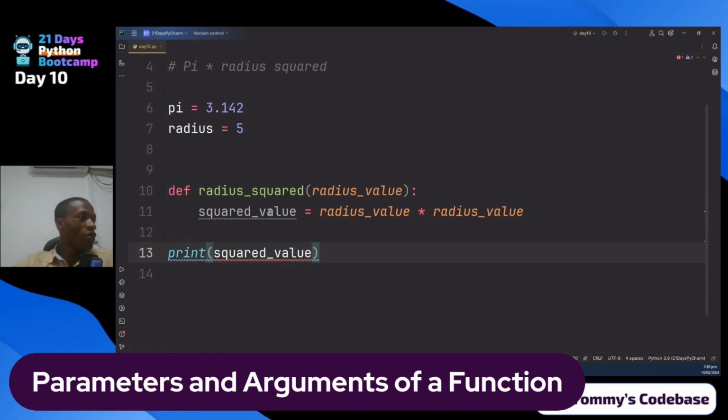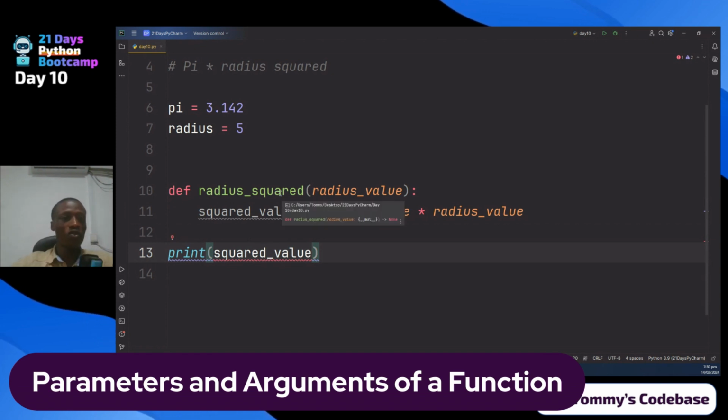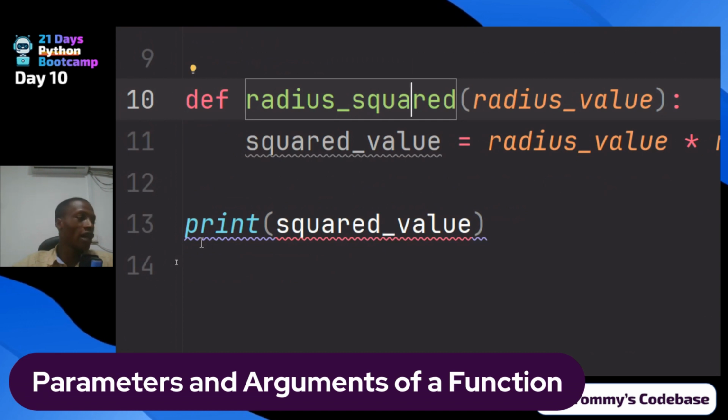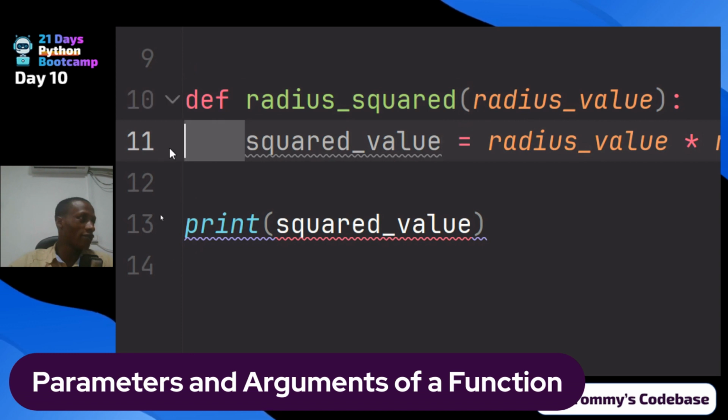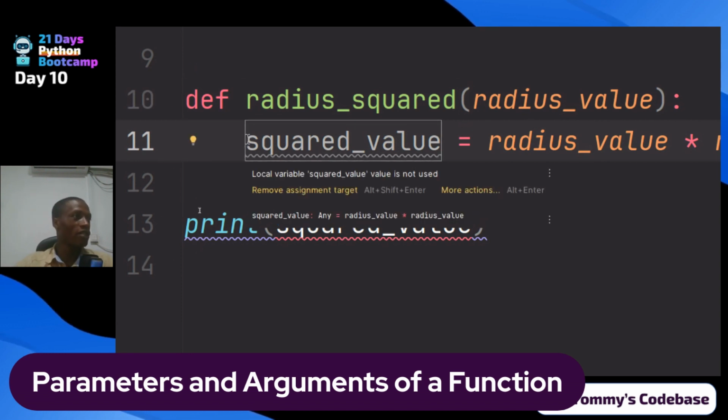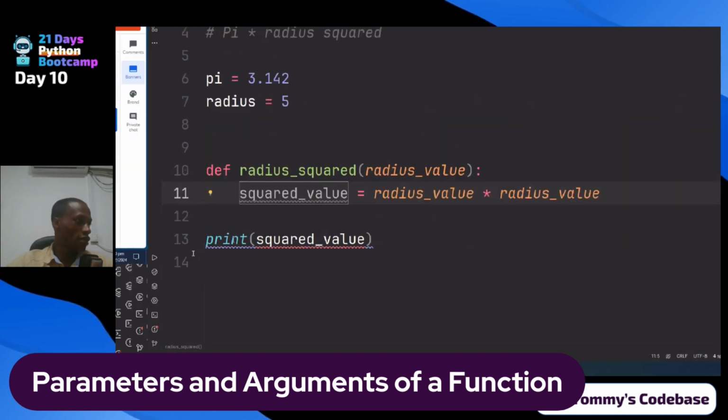Because it is inside the function, its scope is limited to as long as the function exists. We know that we are out of the function because print and def are on the same indentation level. The squared value is indented inside the function, so it's nested in the function's code block. But this print is outside of it.